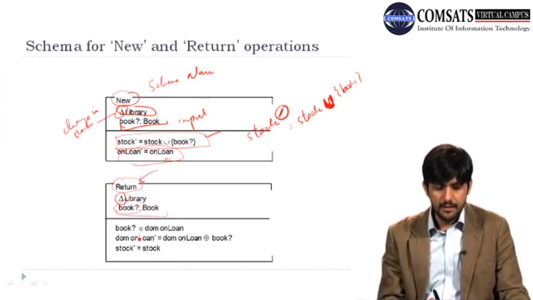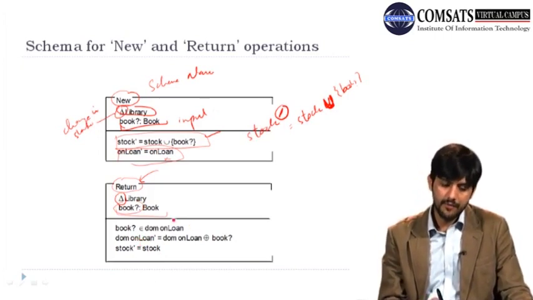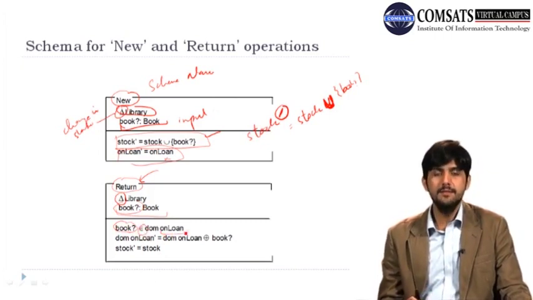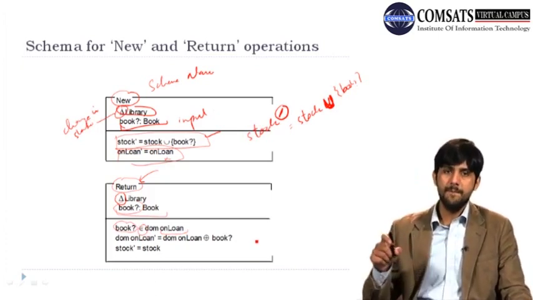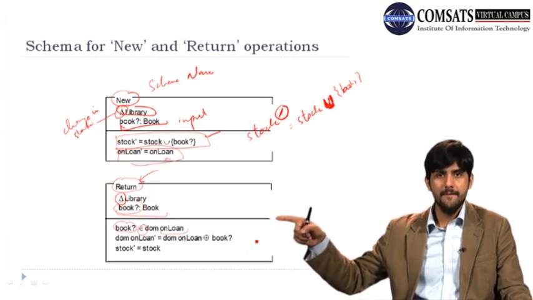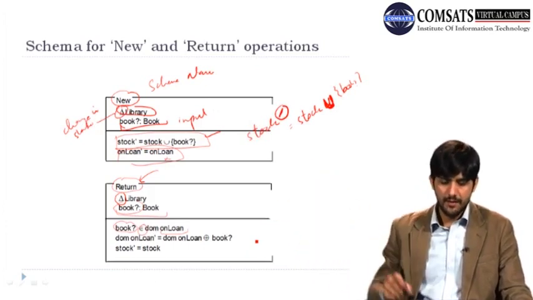The first thing we are checking is whether this book belongs to my on loan set. So first I'm going to check whether the book input is in the domain of the on loan set, and whether there was a borrower associated. That is what I'm going to check.